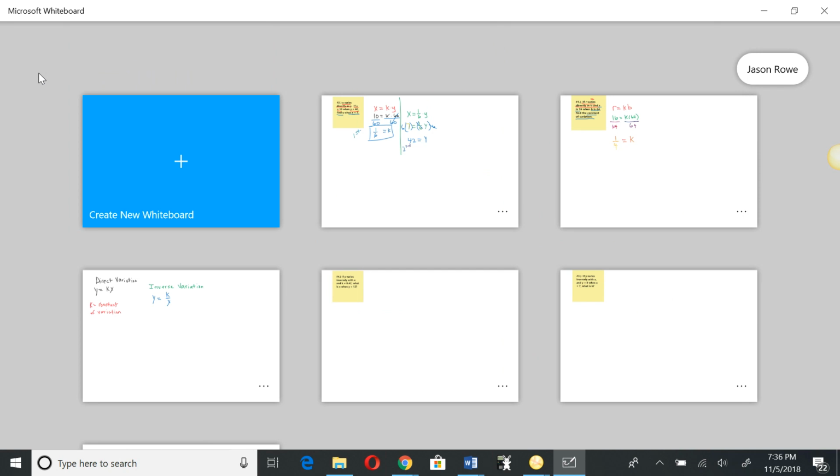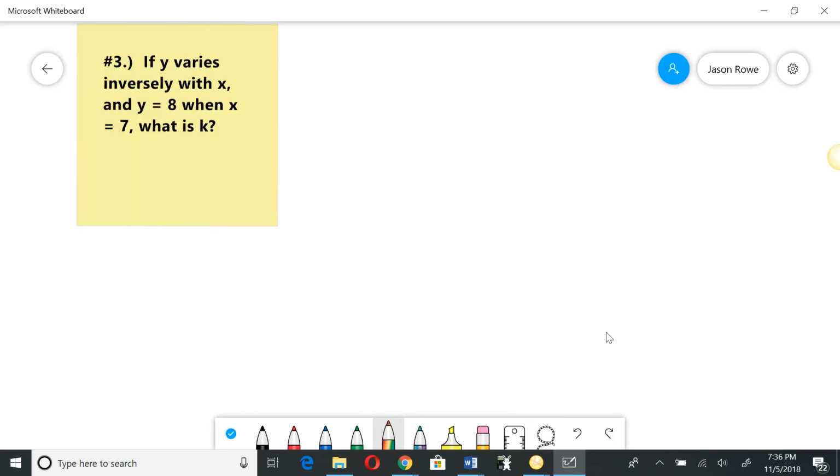All right, let's take a look at the next, or one like number 3. So this one says y varies inversely. Again, let this be equals. Remember inverse variation, y equals k divided by x.